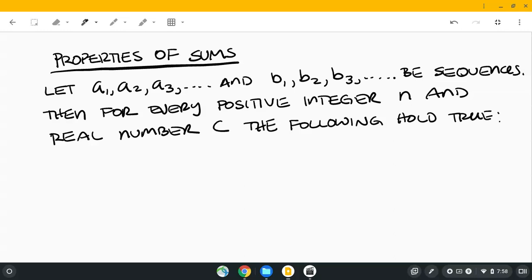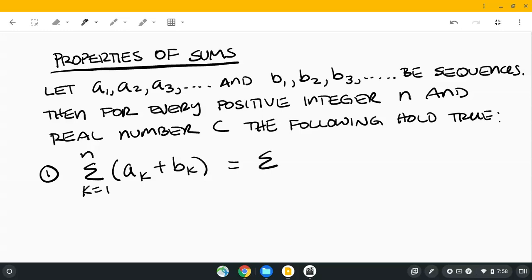Okay, so here are your properties. Number one, if you're taking the summation of two sequences, you can actually take the sums of each individual one.